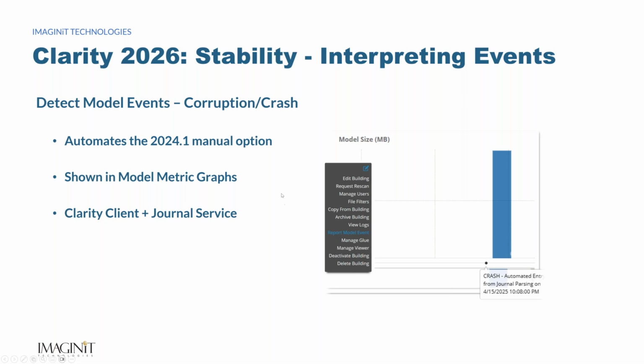So if we see crashes or corruption or something like that in the journal file, it will now automatically populate the data in the database that would be the same as the report model event manual way of reporting events in the past. And so you can see these on the graphs in the model metrics area. This requires the journal service to be running on your host and for you to have Clarity Client installed on your desktop machines.